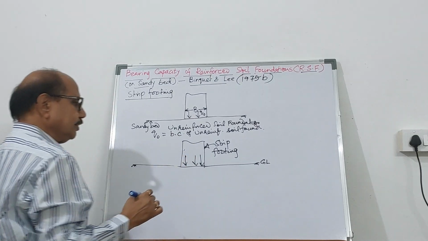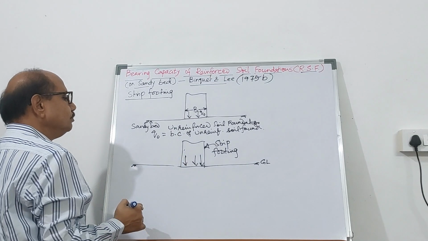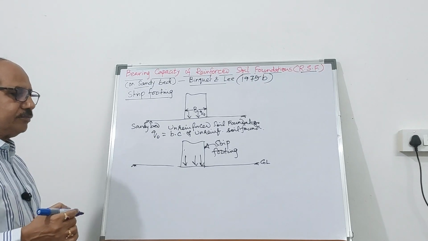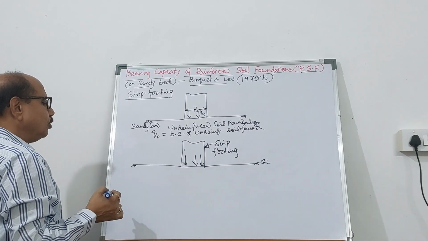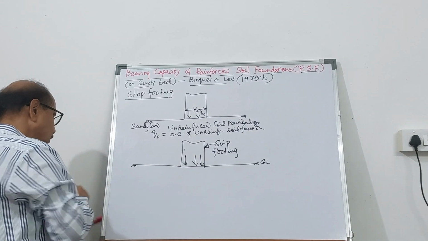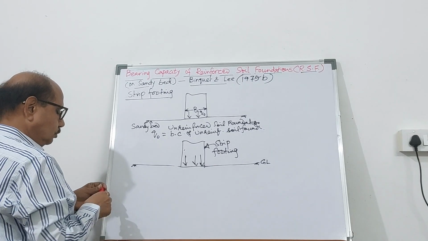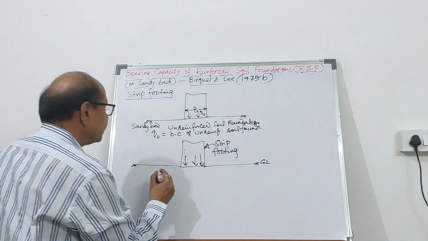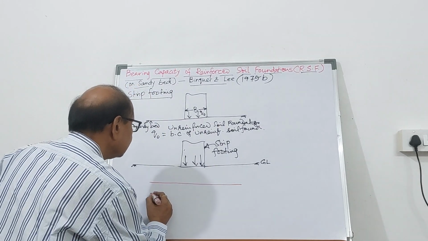Plane strain condition in the XZ plane, only the deformation will take place, not in the Y direction, perpendicular to the board. And it is reinforced with geosynthetic materials. Let's say we are putting the reinforcement here.